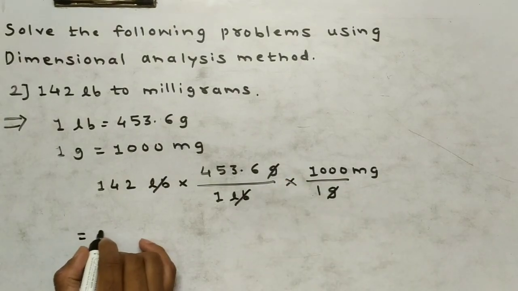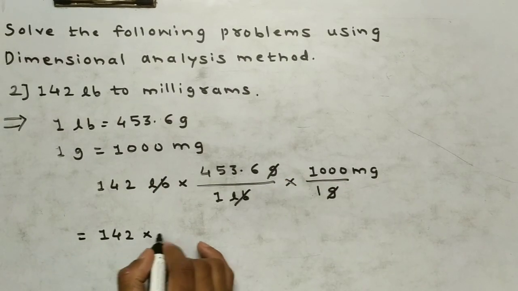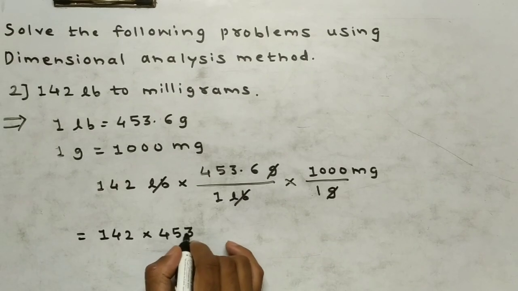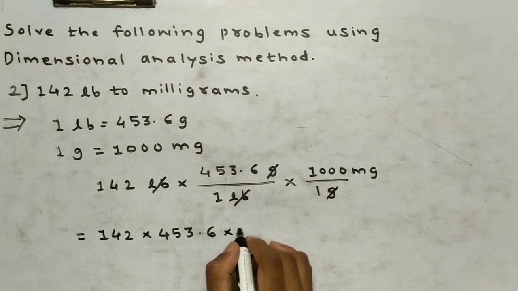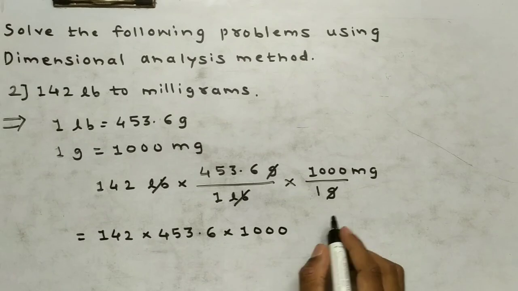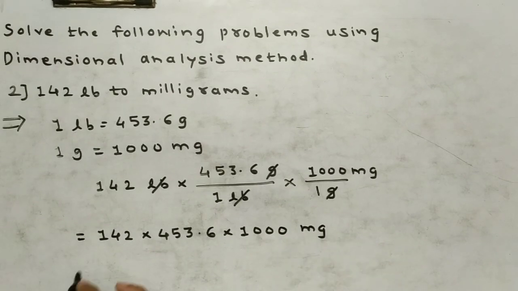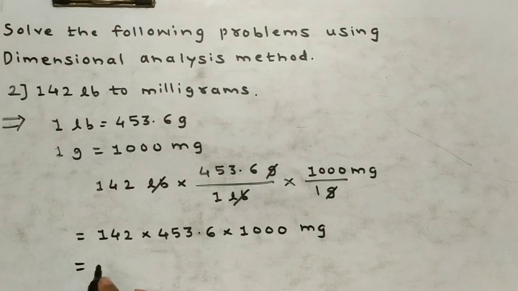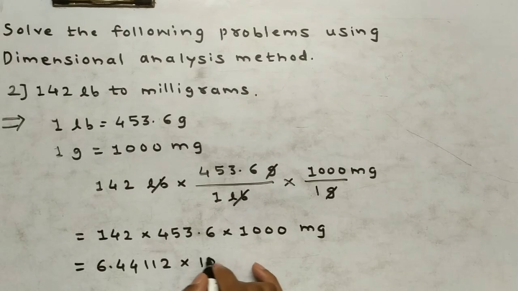Now 142 multiplied by 453.6 multiplied by 1000 and the unit is milligrams. Now the answer will be, after calculating, we'll get 6.44112 into 10 raised to 7 milligrams.